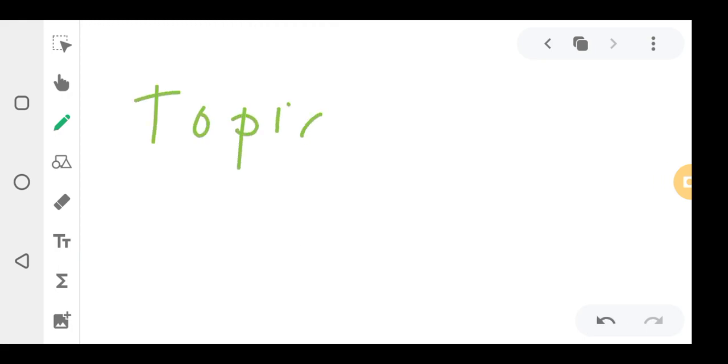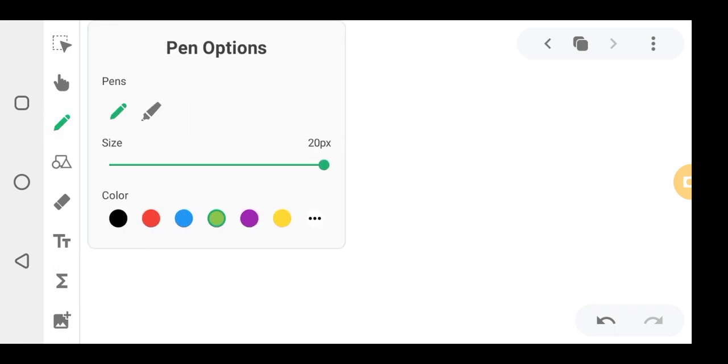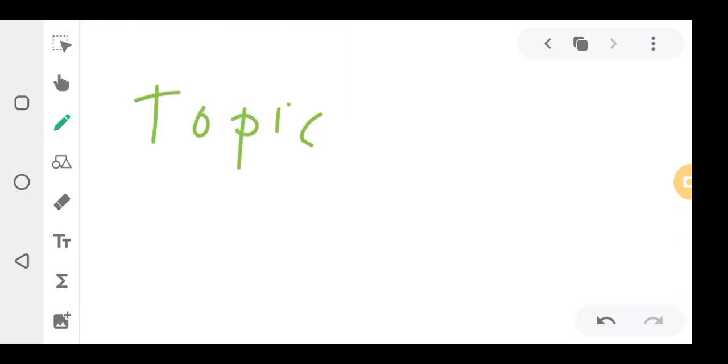Today what we're going to be looking at is a topic in maths. This is junior high school. Sometimes grade 8 and 9 deal with this, and also grade 3, 4, 5 up to grade 7 deal with this topic that I'm going to teach.